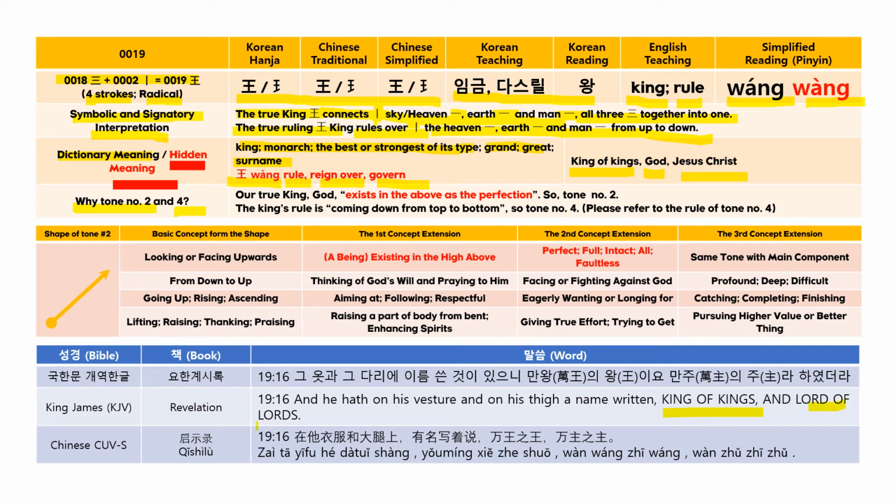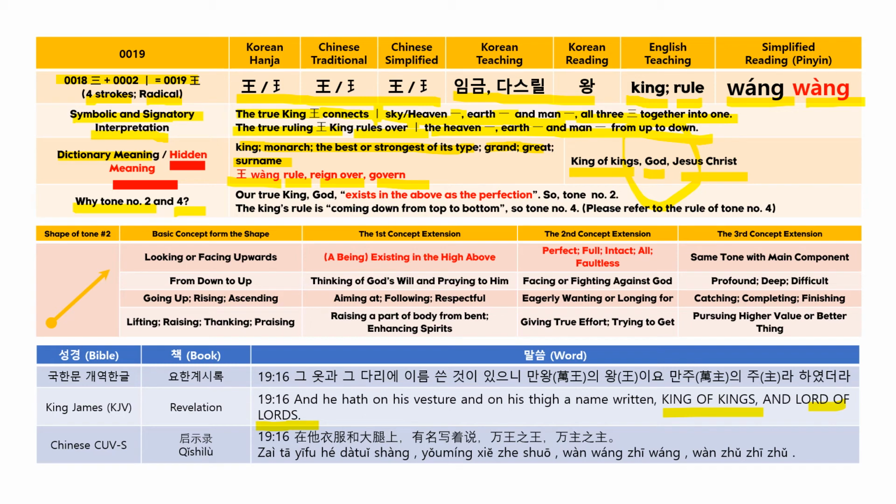This character has the values of King of Kings and Lord of Lords, okay, as hidden meanings. Please try to remember, who is your real king, the true king, okay? Very mysterious and wonderful character.